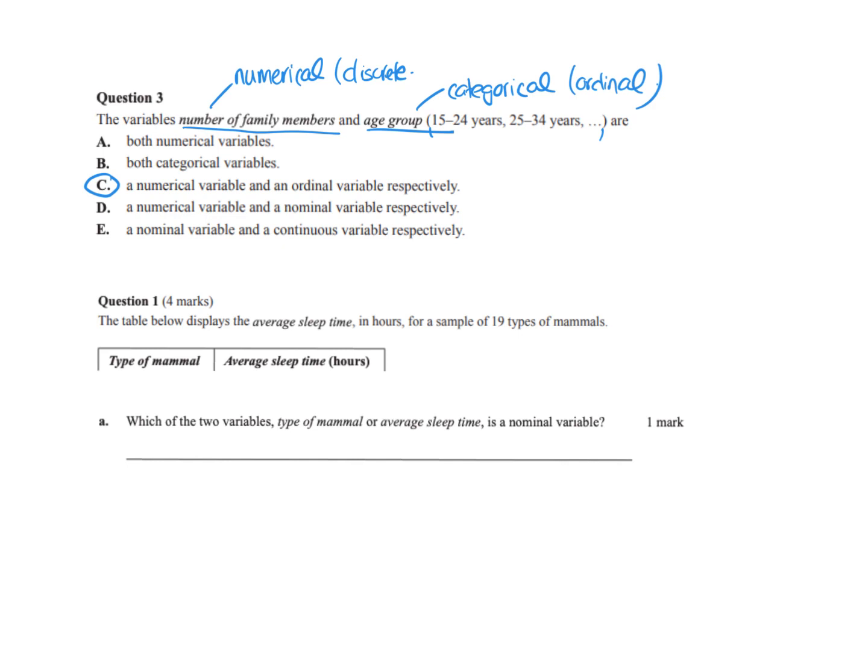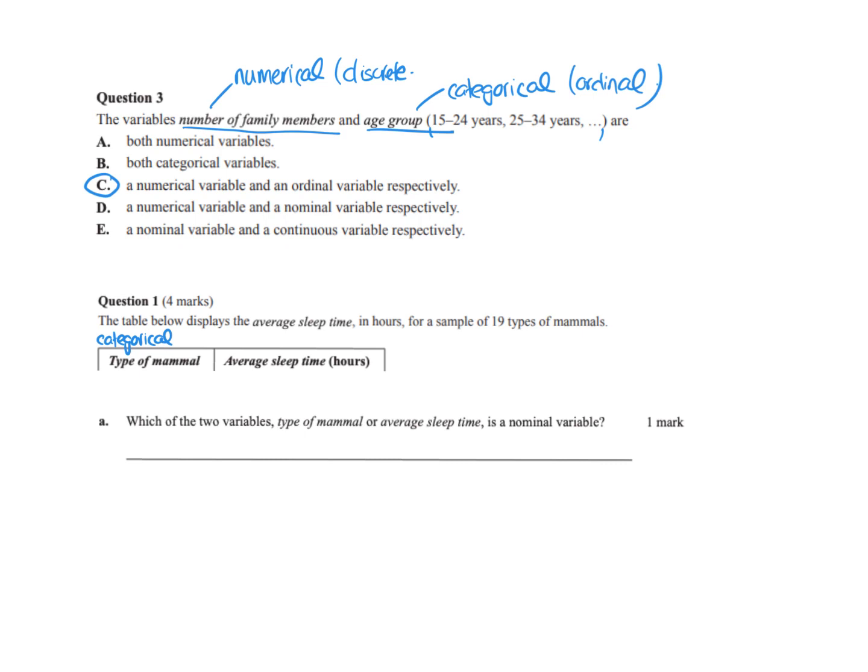Yeah. So then the next question, the table below shows the average sleep time in hours for the sample of 19 animals. So you've got the type of animal. That's definitely categorical, and it would be nominal, wouldn't it? Because it's just any old animal. And the average sleep time in hours.